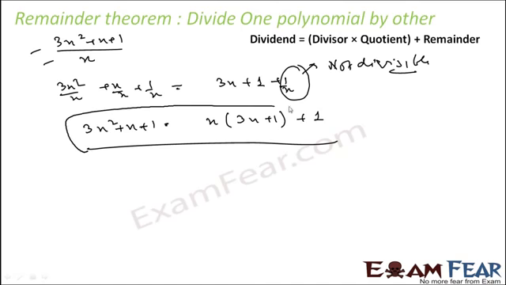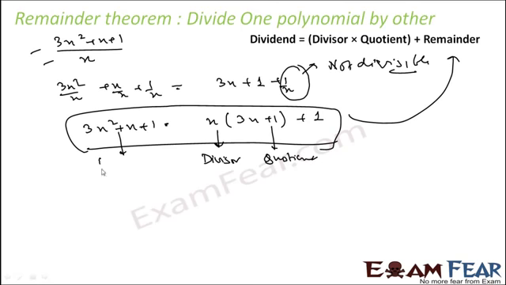Correct? So if we compare this equation with this equation, this is my dividend, this is my divisor, this is the quotient, and this is the remainder.